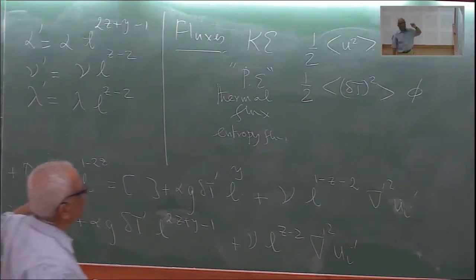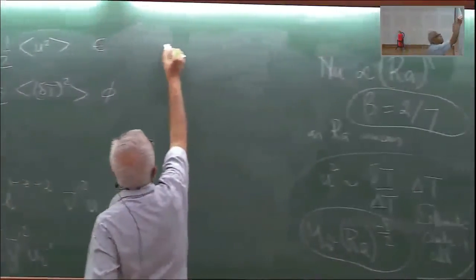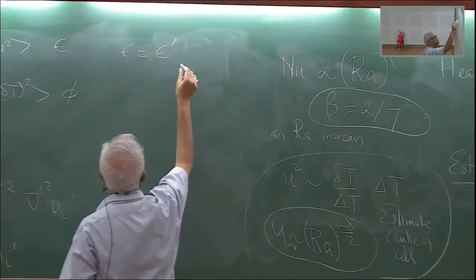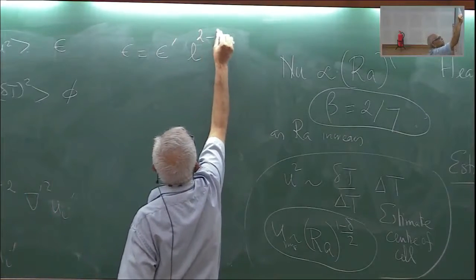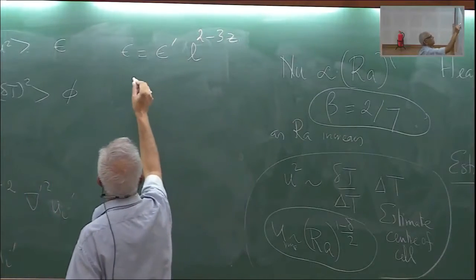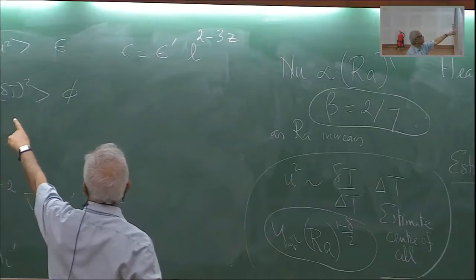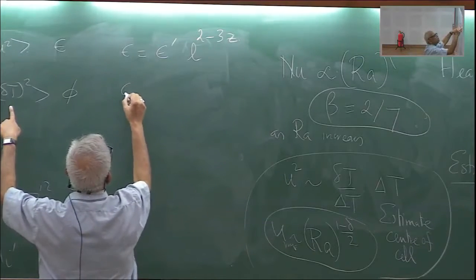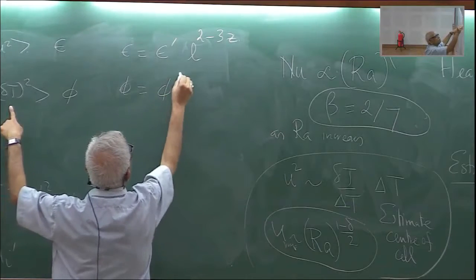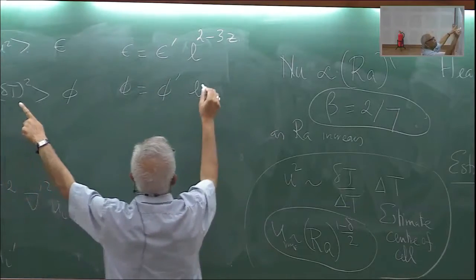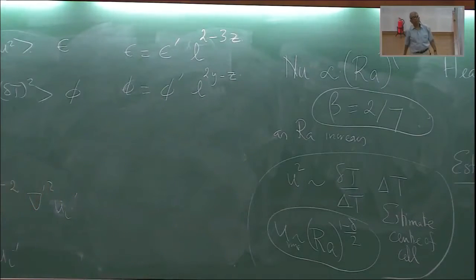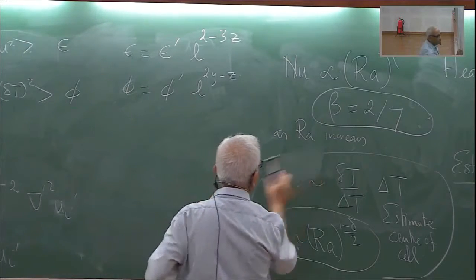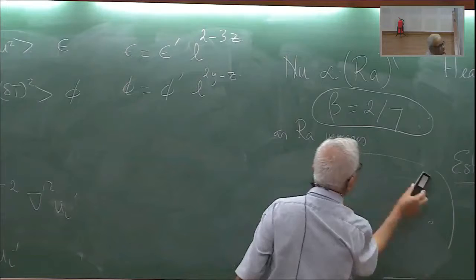And now the scale changes would be epsilon equal to epsilon prime L to the power 2 minus 3z. And for phi, it is phi equal to phi prime L to the power 2y minus z. So that's the complete story of the scaling over here.